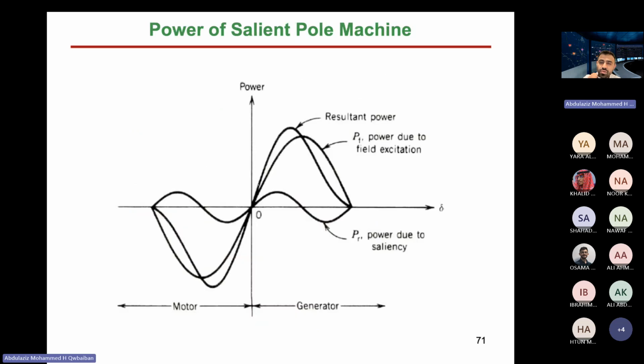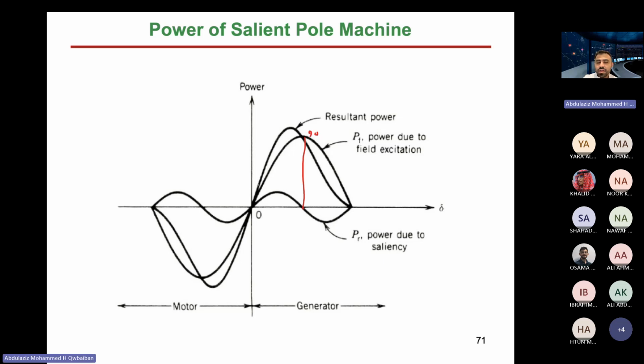Any other question? If you look at the power, you should have PF, which is the regular real power, with torque angle at 90. This is the real power due to field excitation. This is 90 degrees. But here is the problem.